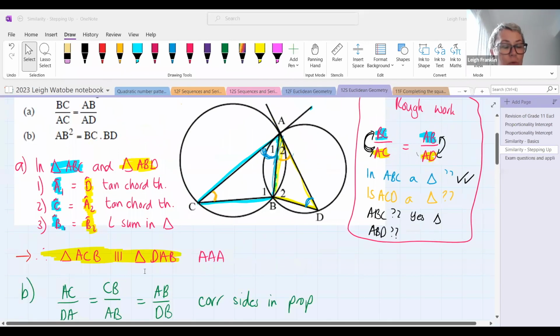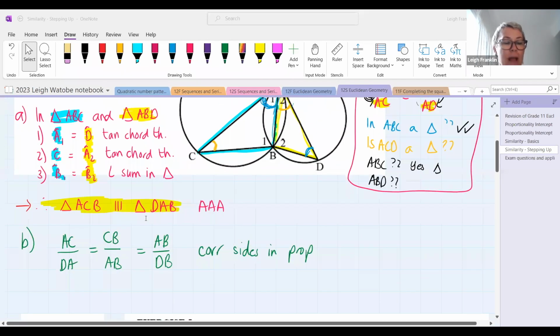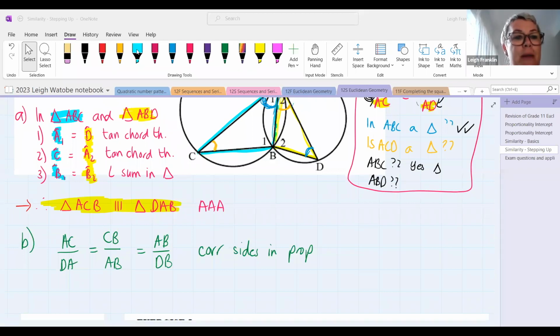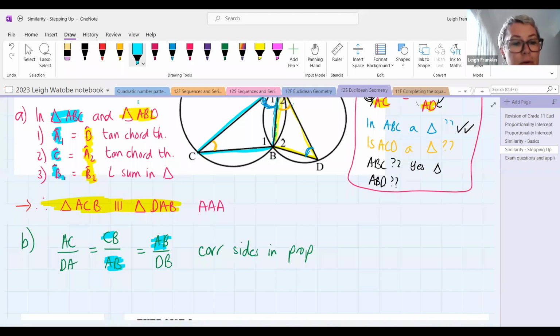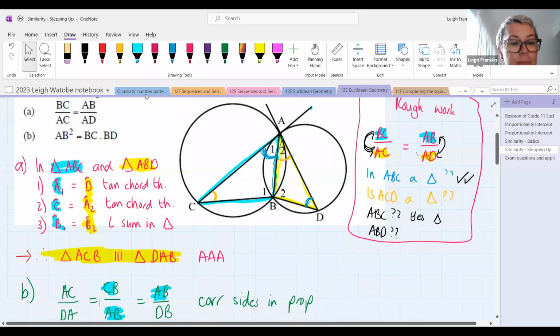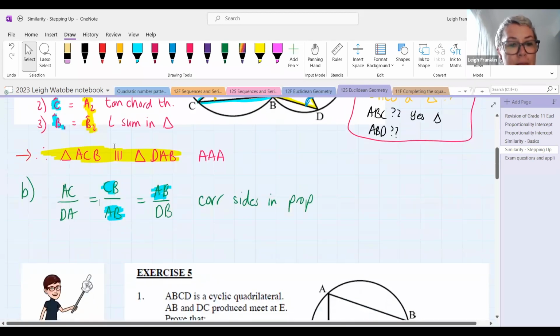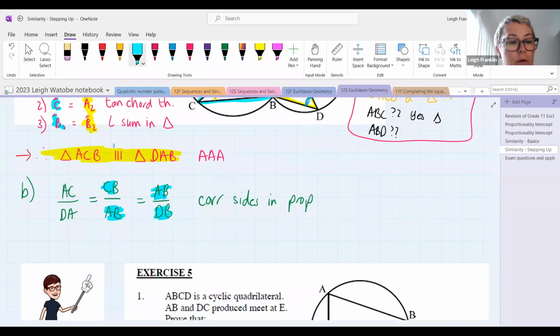Now let's go back and have a look at what they wanted. They wanted AB squared. Well, AB squared means AB times AB, doesn't it? So it's got to be this AB over here and that AB over there is equal to BC. Here's BC. BC multiplied by BD or DB. That's this one over here. Now what they're asking us to do is take those last two fractions and cross multiply them.